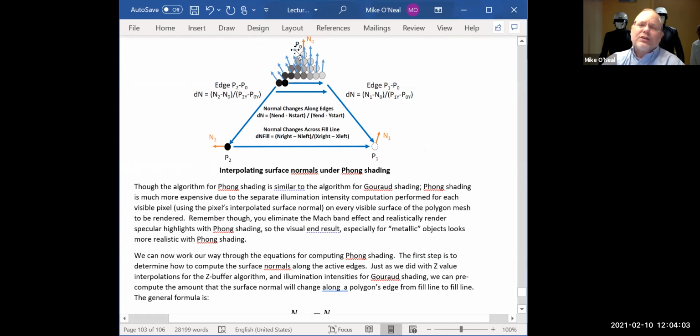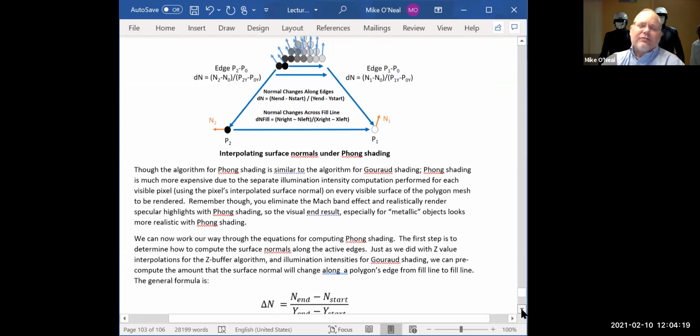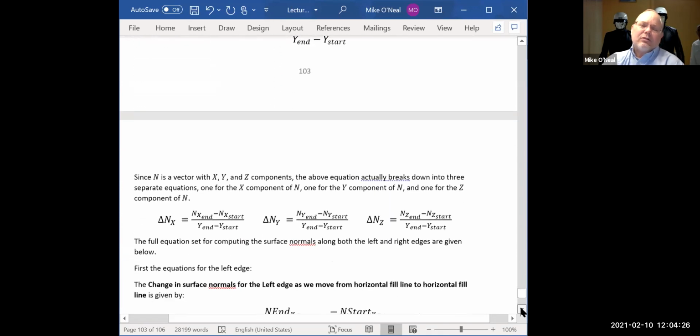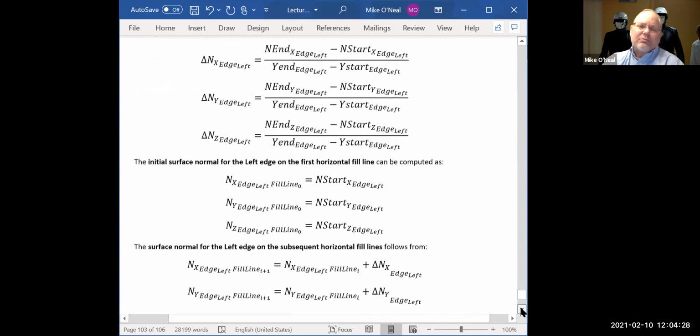You just take the previous one and add in the delta, and that moves you down the edge. That's why we had to have the equations for the left edge and the equations for the right edge. The last thing I'm about to show you is walking across a fill line. The difference there is that instead of a vertical Y giving the number of steps, it's going to be the horizontal X that gives us the number of steps.